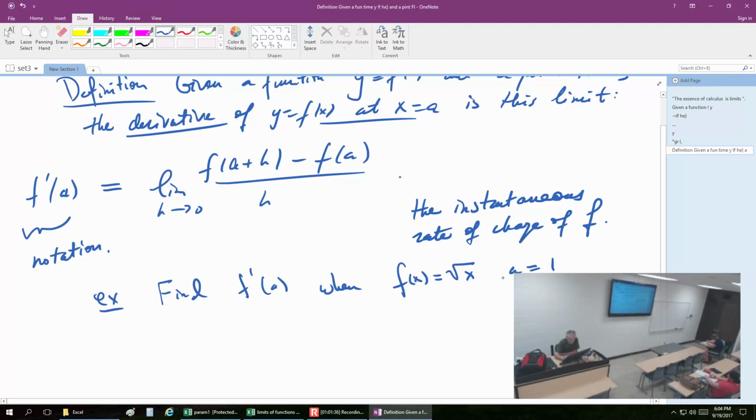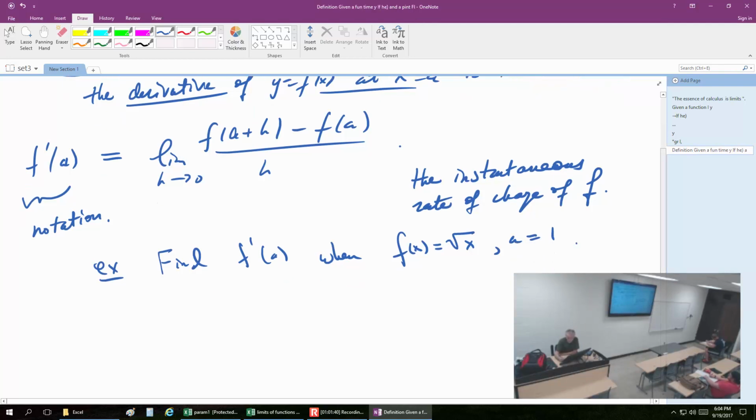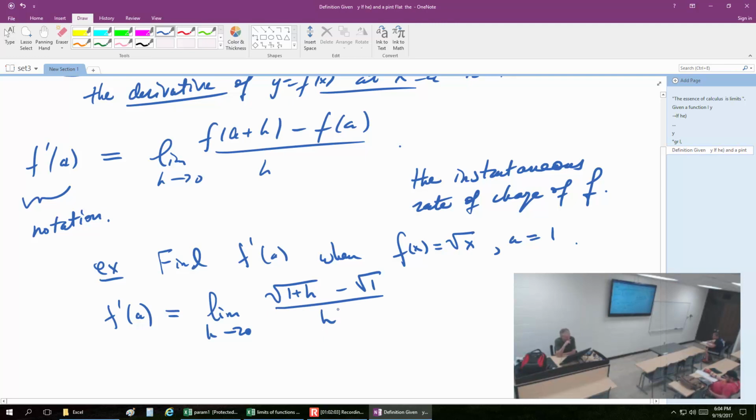And a is still equal to 1. Okay? So, f prime of a, the formula right here, limit as h goes to 0. Now I substitute, so it's going to be square root of 1 plus h, right? That's the first term of the numerator, minus square root of 1, over h.